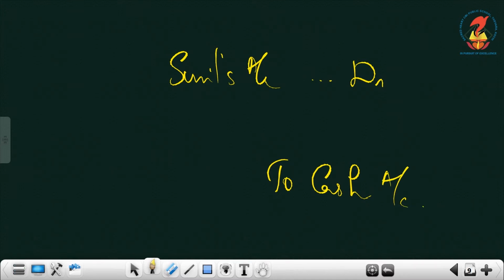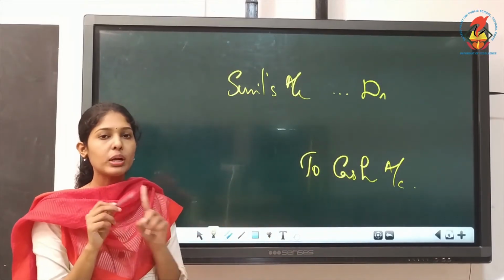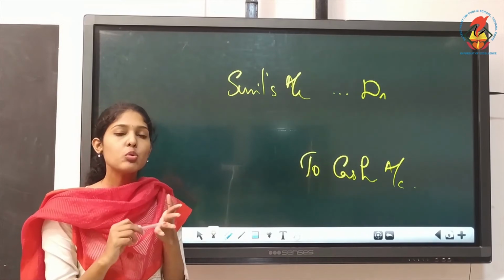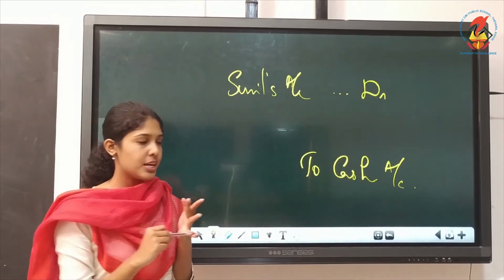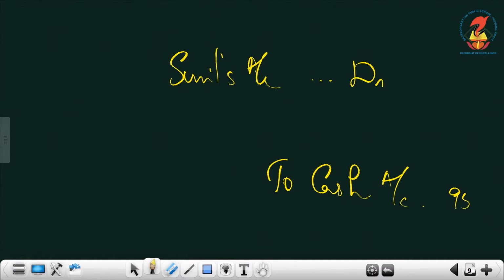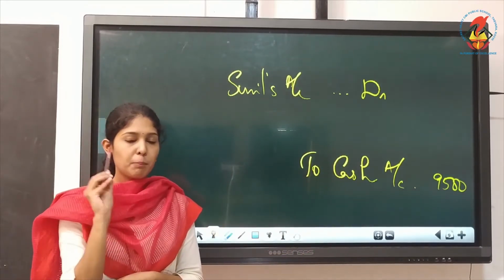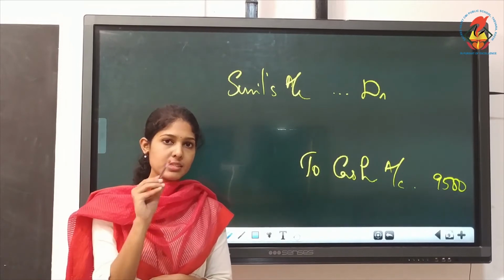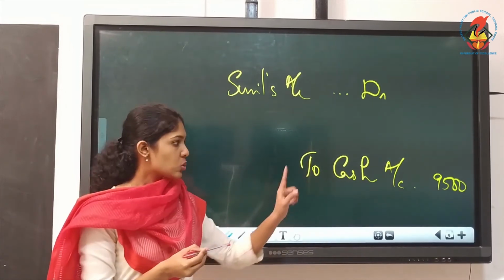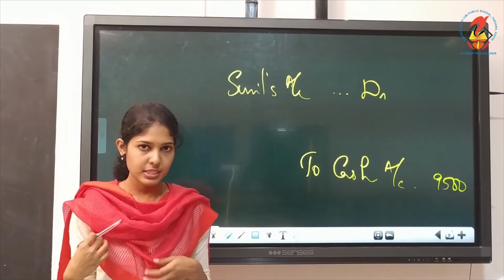How much did we pay Sunil? We paid him only 9,500. Where will you write that 9,500? That must be written against cash. What we paid or what we received must always be written against cash. That I have told you already. So this 9,500 must come against cash.